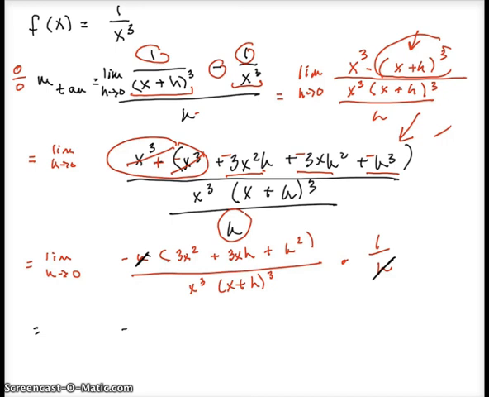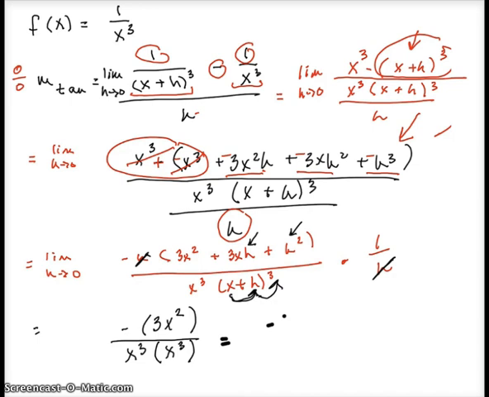So I have negative 3x squared. When I plug 0 in for h, I know that will cancel to 0, and the same for h squared will cancel to 0. Divided by x cubed, x plus 0 is x, and then raised to the third power is x cubed.